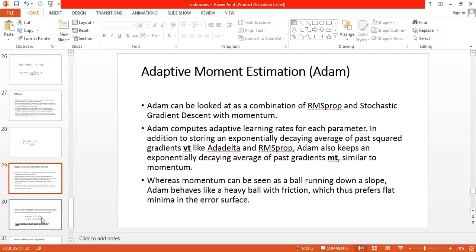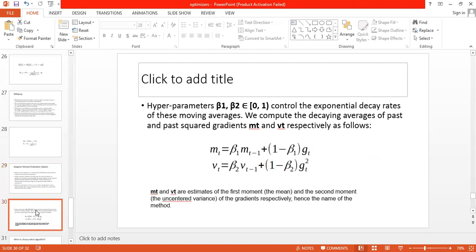Here momentum can be seen like throwing a ball down a slope, and the ball goes towards the local minimum value with reducing oscillations. So we can compare that example here.